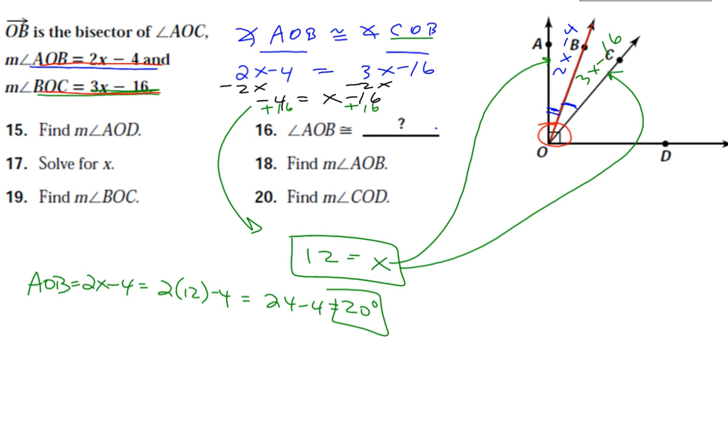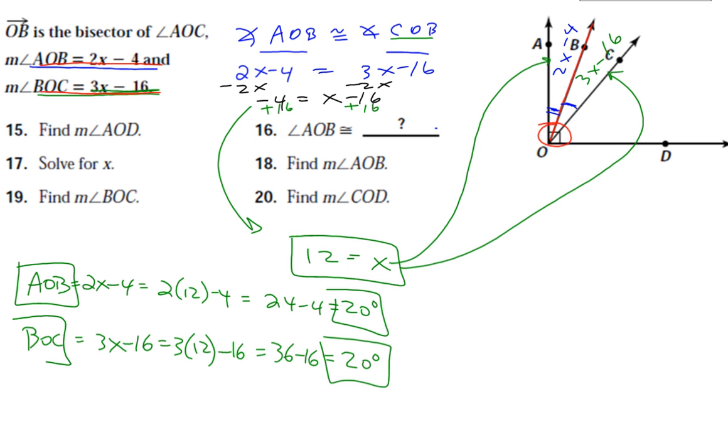So it looks like angle AOB is equal to 20 degrees. Let's make sure that angle BOC is also equal to 20 degrees. So BOC is equal to 3x minus 16, which is equal to 3 times 12 minus 16, which is equal to 36 minus 16, which is equal to 20 degrees. That's great. So BOC is equal to 20 degrees.